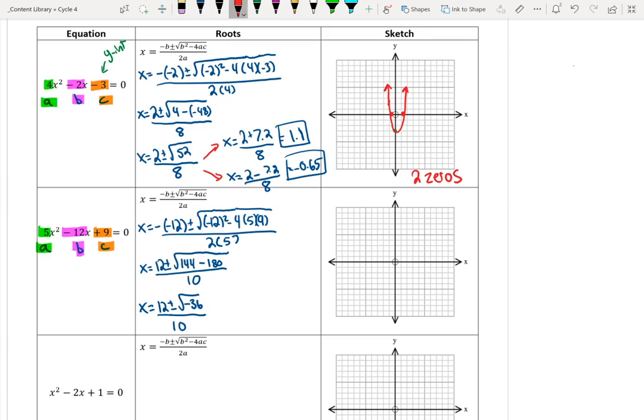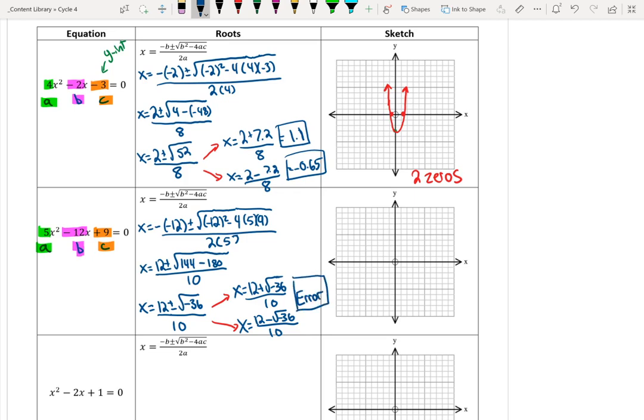And here we would break this off into two parts, because now we've simplified it pretty much as we can. So you have x equals 12 plus the square root of -36 over 10, and x equals 12 minus the square root of -36 over 10. But what you will find out, if you try to take the square root of a negative number, the only thing you're going to get is an error.